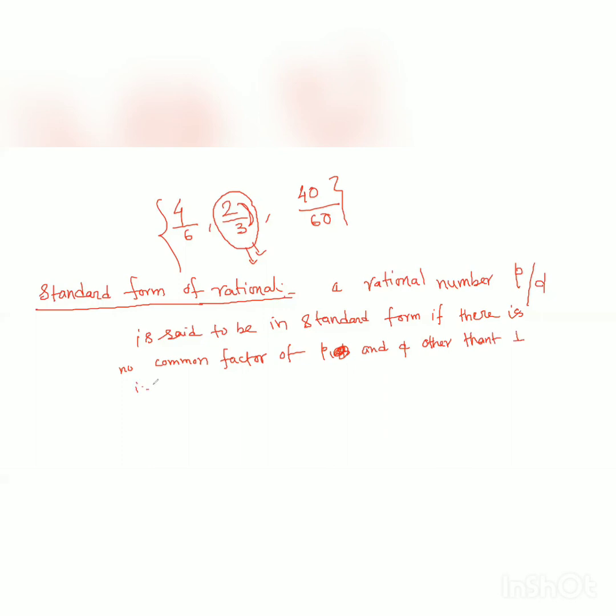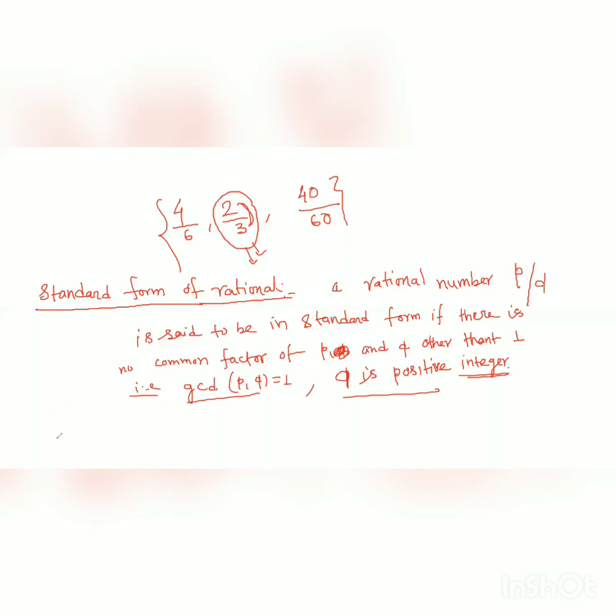That is the concept we know: GCD of p and q is equal to 1. Another restriction is that q is always a positive integer. So a rational number is said to be in standard form if q is positive. This is the other condition. And GCD of p and q is 1: no common factor other than 1, that is, HCF or GCD is equal to 1.